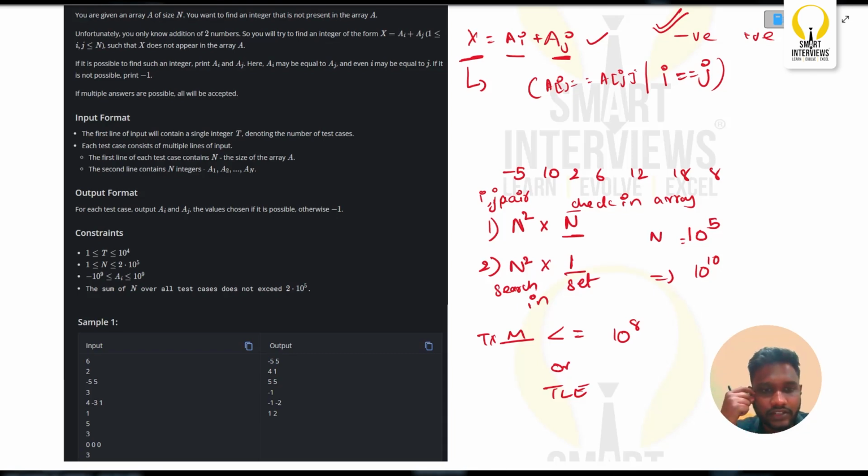The constraints say that t is 10 power 4, n is 10 power 5. So t into n here itself goes more than 10 power 8, right? So how would it work?